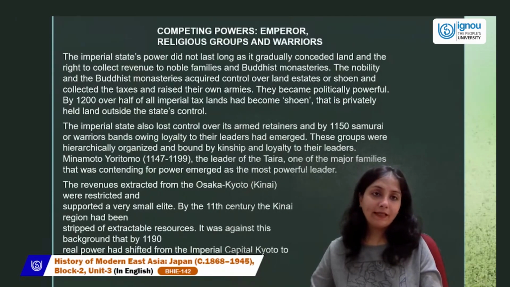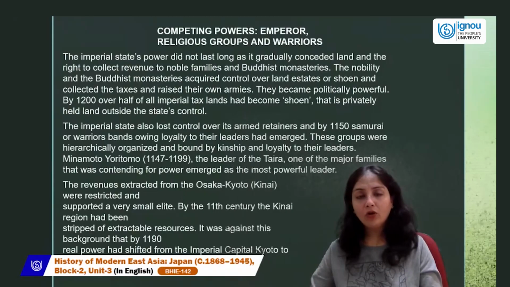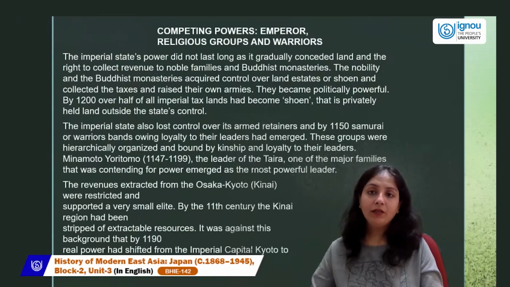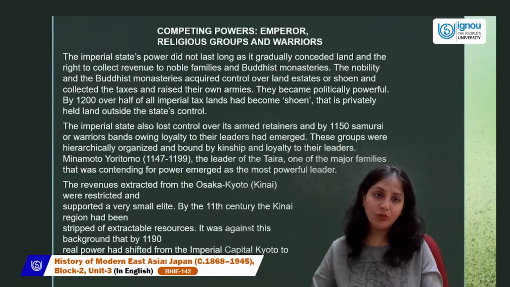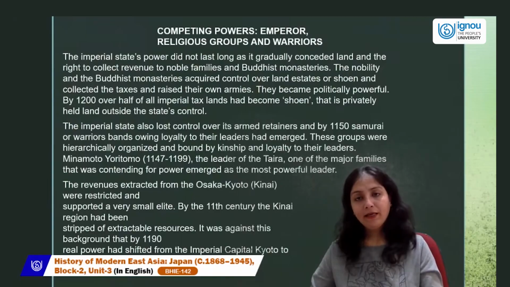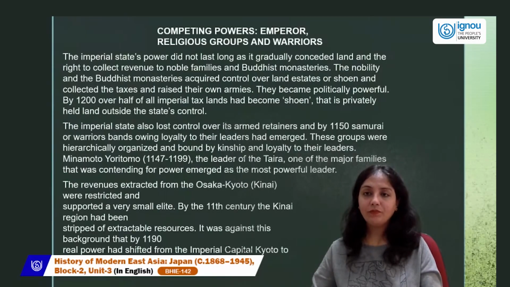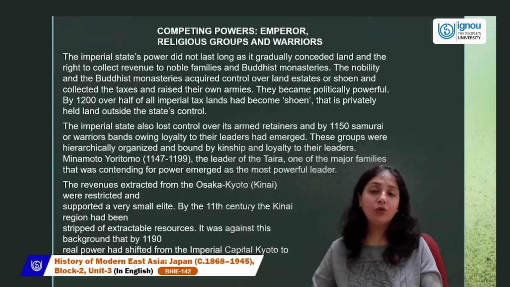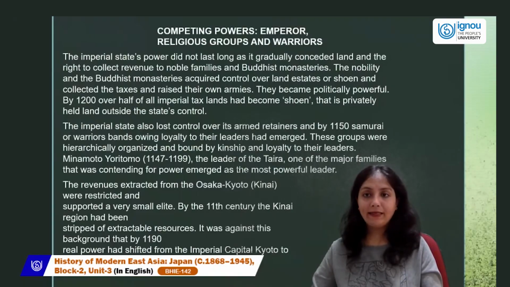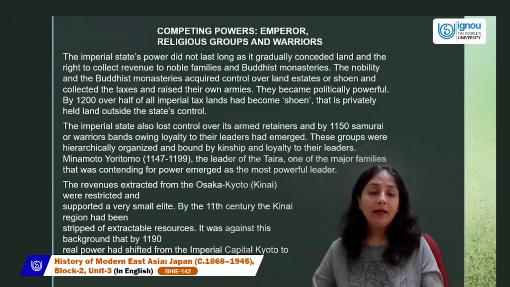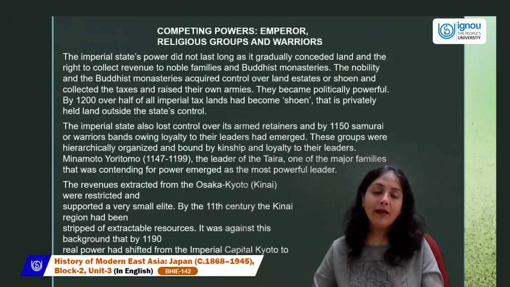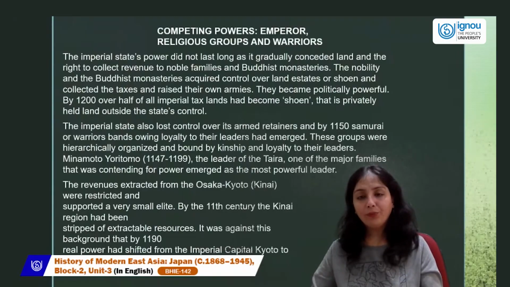The imperial state's power did not last long, as it gradually conceded land and the right to collect revenue to noble families and Buddhist monasteries. The nobility and the Buddhist monasteries acquired control over land estates, or shoen, collected the taxes and raised their own armies.